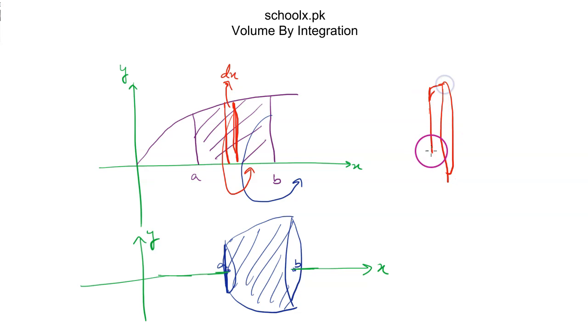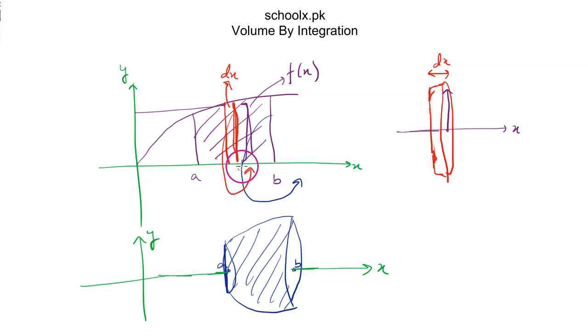Alright, it will be almost a cylinder, with this height d of x, and its radius will be starting from this point. This was my x-axis. So this is my radius. Alright, so this radius will be what? f of x, right?